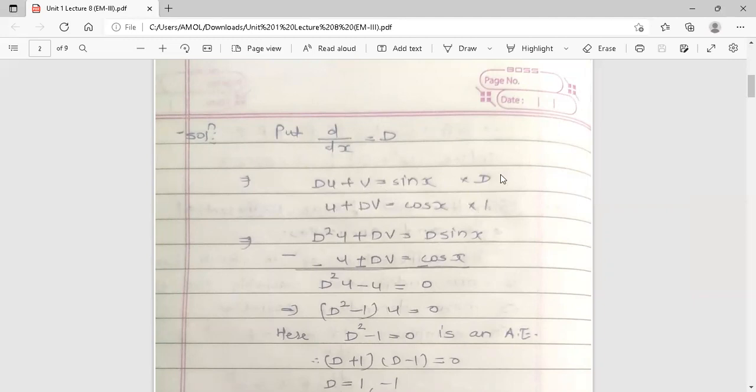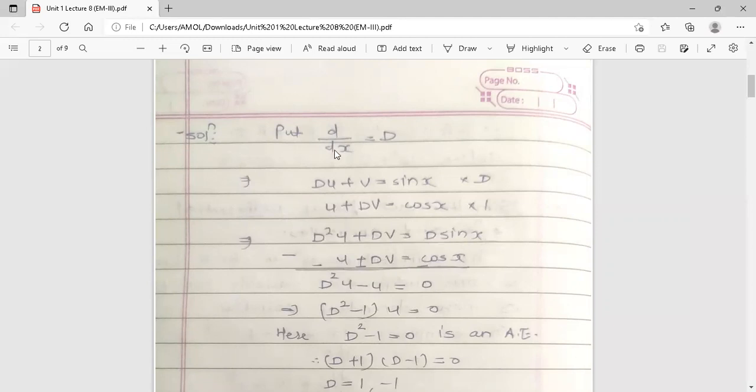The second equation multiplied by 1 stays as it is: u plus Dv is equal to cos x. Now we are going to remove this v, so subtract these two equations. Give a negative sign to every term of the second equation. So D square u minus u, and Dv minus Dv get cancelled, is equal to D of sin x.